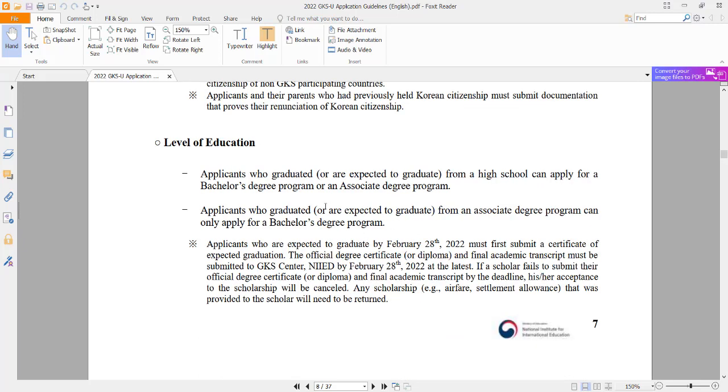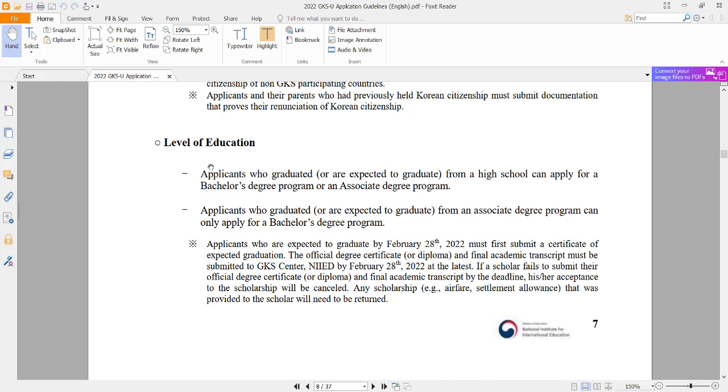Now coming to one of the important aspects, level of education. Many people get confused about what their level of education should be. You should have at least completed your high school by the time you get the scholarship. Suppose you are in pre-high school, in India we say class 11.